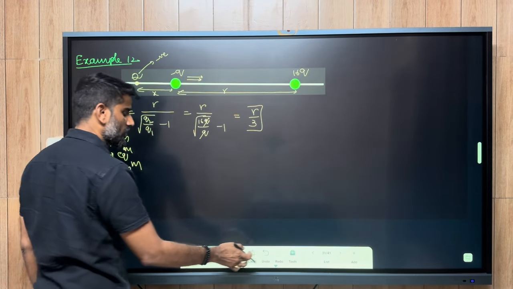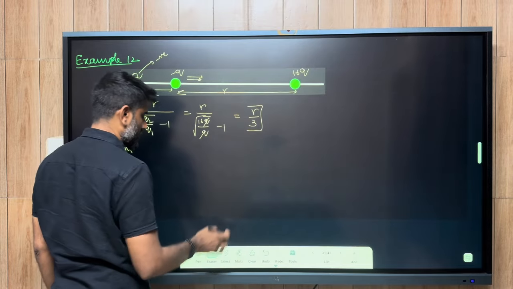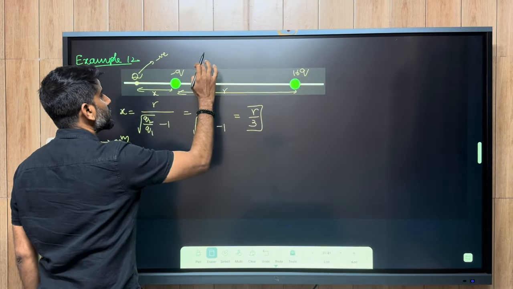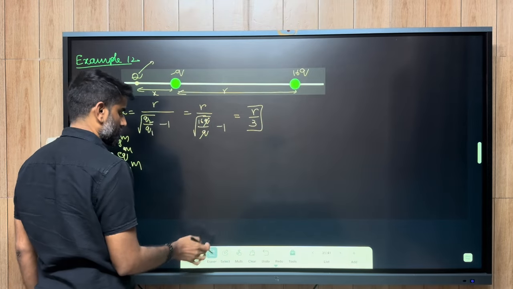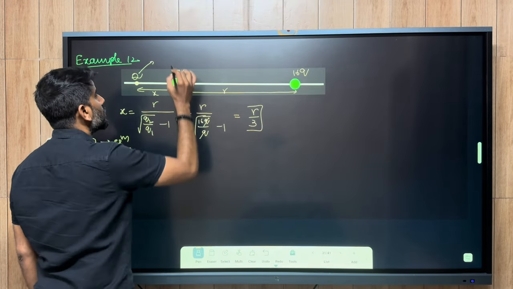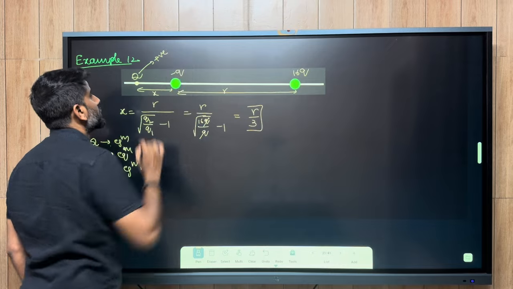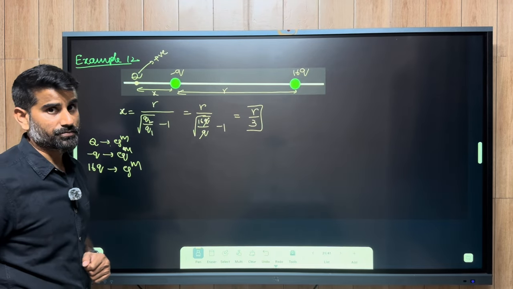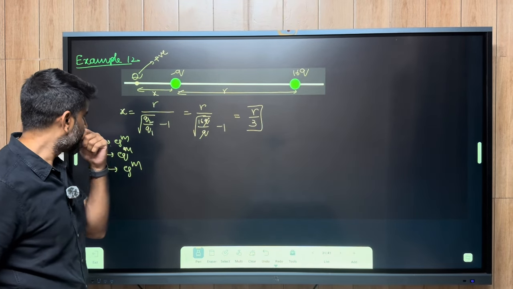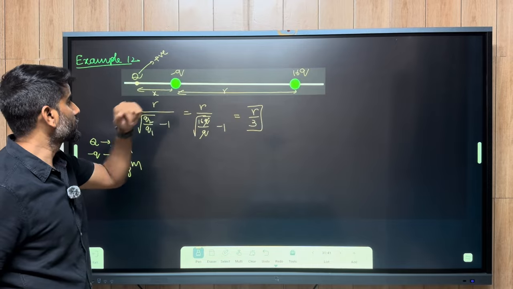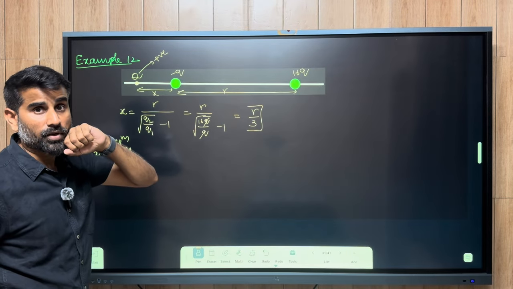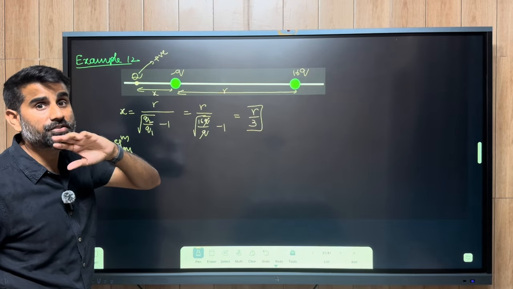Instead of taking the negative sign, let's say I've taken the positive sign. I've considered this third charge is positive. Let's analyze the net force on minus q. Can the net force on minus q possibly be 0 or not?